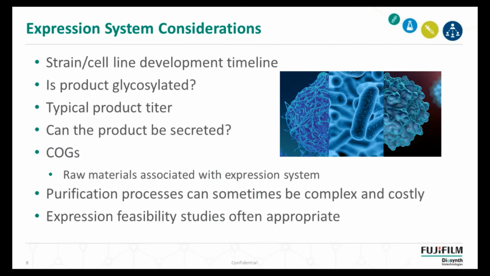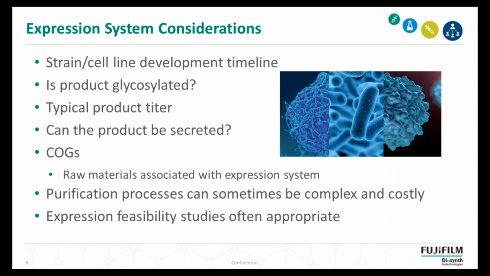Other considerations are the product titer and whether the product can be secreted or not secreted, along with an overview and a general understanding of the likely cost of goods associated with the expression system.